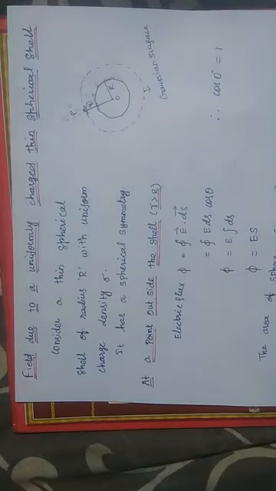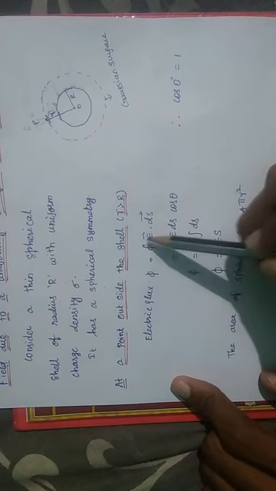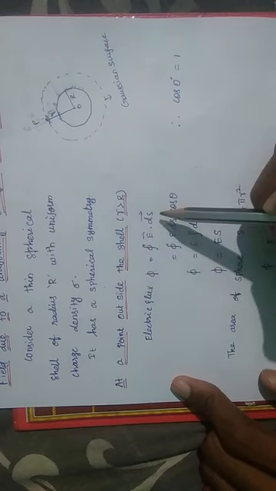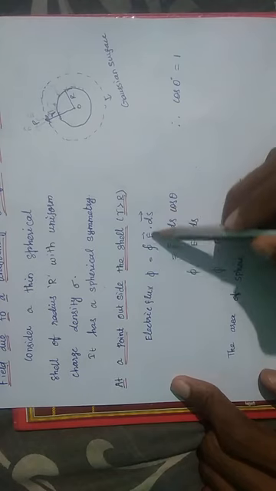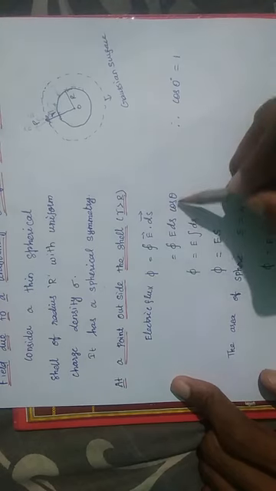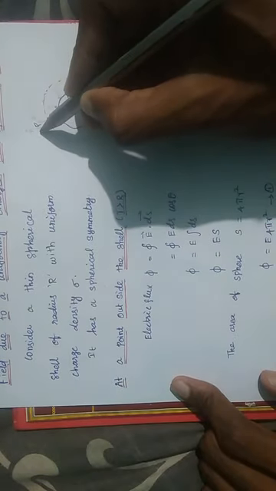So I'm going to find the electric field using the expression. Electric flux phi is equal to the integration of E dot ds. E dot ds we can write as E ds cos theta. Theta is the angle between the field and the area vector.